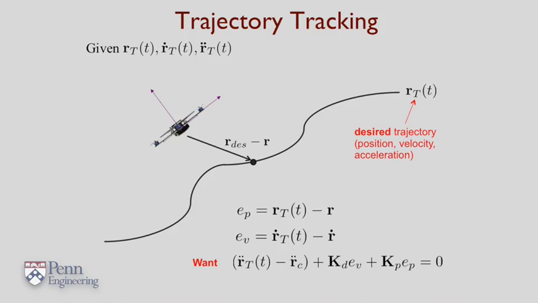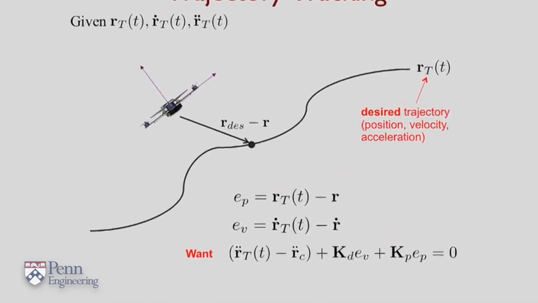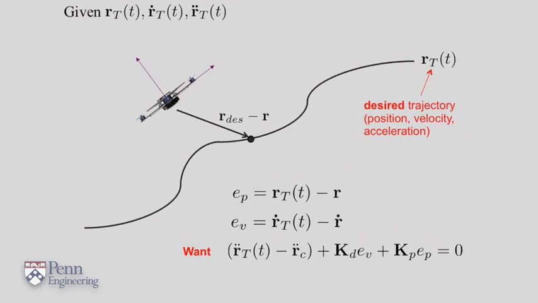And what we really want is for this error to decay exponentially to 0. As we've seen before, if you take the error term and make it obey a second-order linear differential equation with positive coefficients, you're guaranteed that the error goes exponentially to 0. So we command an acceleration which forces this error term to obey the second-order differential equation that you see at the bottom.